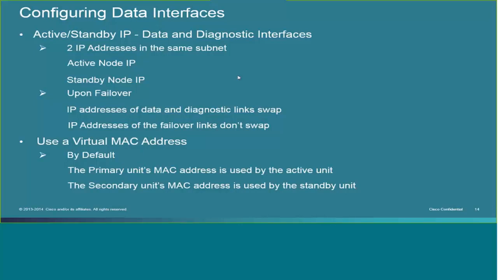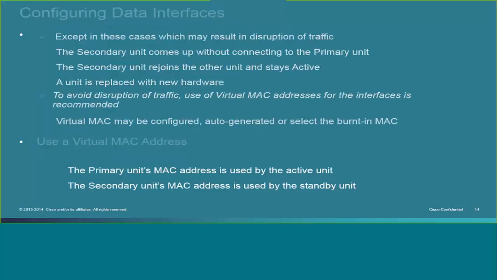So there is a chance of a traffic outage in such a scenario. We have to go and clear the ARP entries on the upstream and downstream devices so that these outages do not happen. The best thing to do is use virtual MAC addresses. Then even if any unit fails, we just have to replace the unit, and the device can keep continuing with the virtual MAC addresses. So that's what is mentioned here.